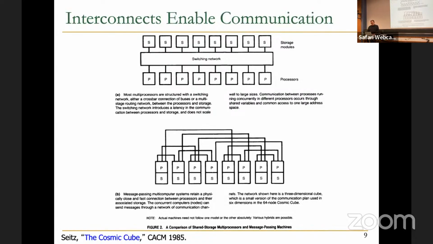And interconnect enables communication, as you can see. These are two examples of how interconnect can be used, in both shared memory systems and message passing systems. In a shared memory system, you have storage modules, or memory modules, that are shared across your processors. These processors use a switching network, or interconnect, to access your storage modules.